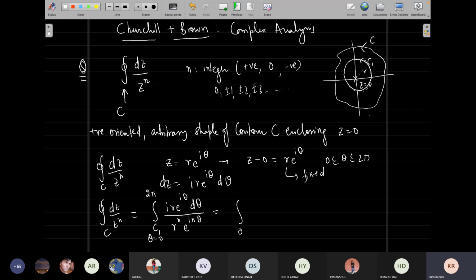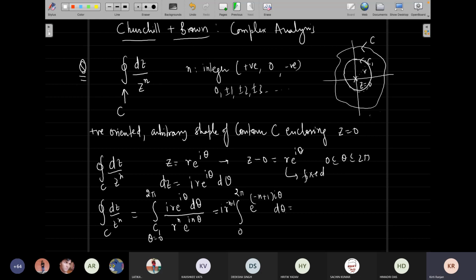The integral from 0 to 2π of i, r raised to the power minus n plus 1, e raised to the power minus n plus 1 times iθ, dθ.